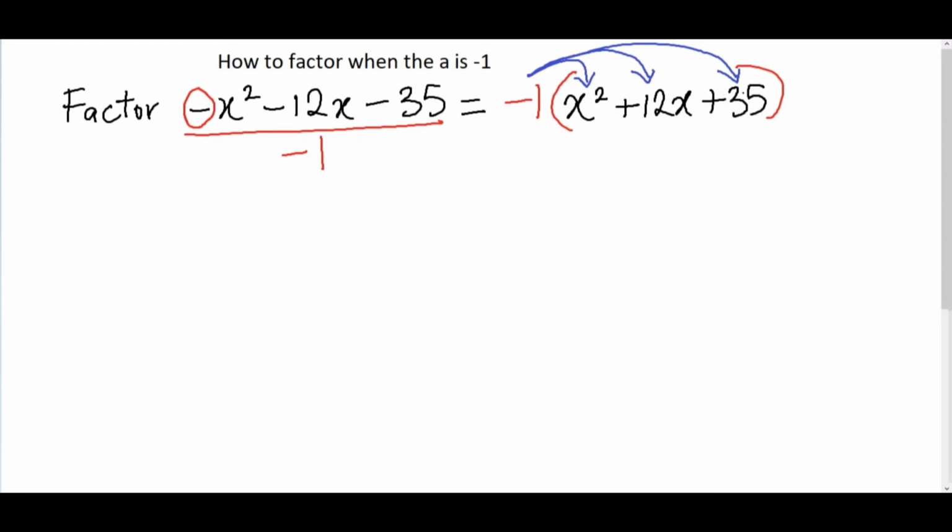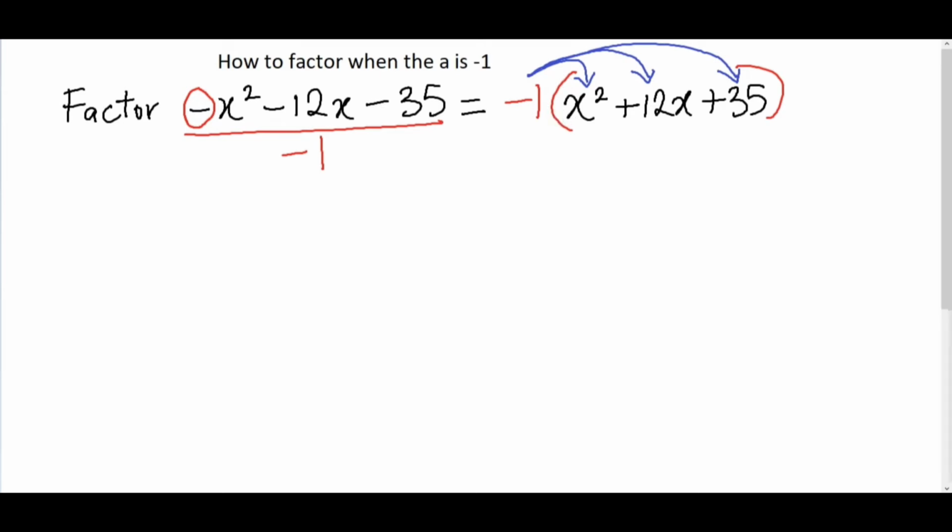So we just took the original problem, negative x squared minus 12x minus 35, and we just wrote it in a different form. We wrote it in a different way by taking out that -1 that is in front of the x squared, to the left of the x squared, and then just finding out what remains after you divide everything by -1.